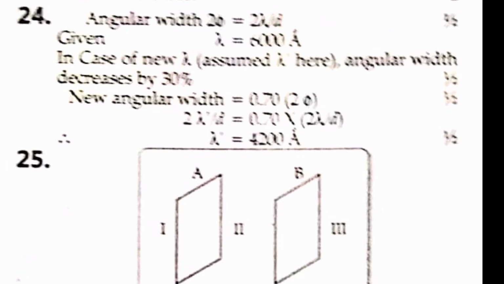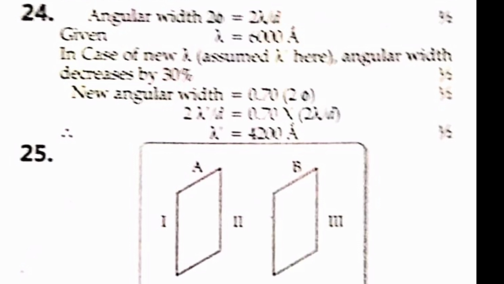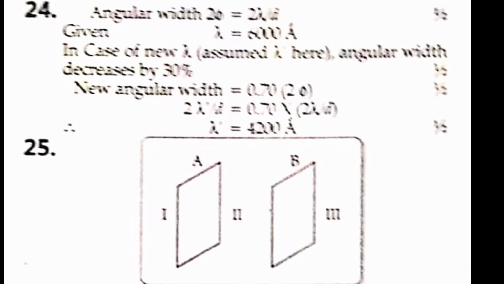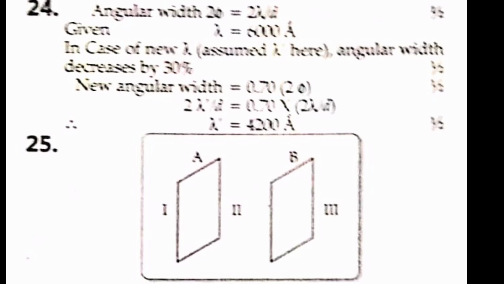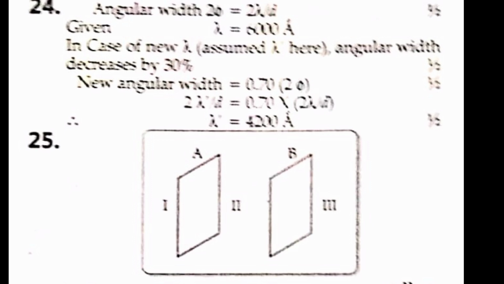So how to answer the question? Here angular width is represented by 2 phi, that is equal to 2 lambda by d. So that equation we have to remember. Angular width, that is 2 phi, is equal to 2 lambda by d, and lambda is given as 6000 angstrom. In the case of the new wavelength, the angular width will be decreased by 30%.